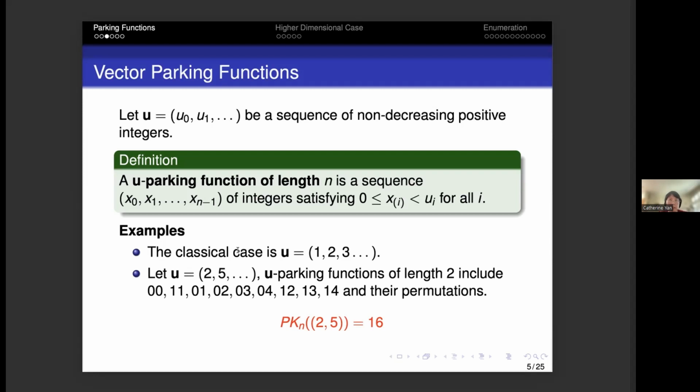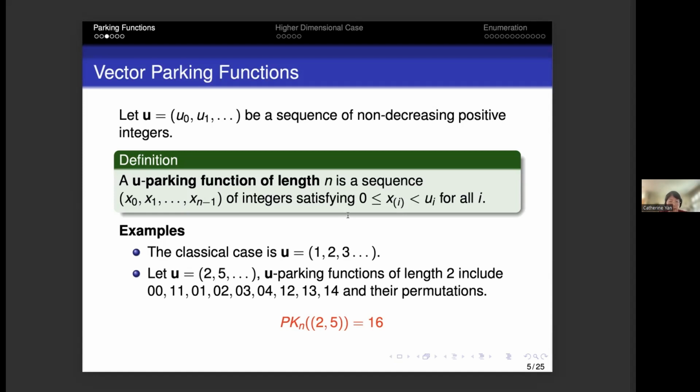If one wants to define a U parking function of length n, then you only need n terms from U. So a U parking function is a sequence of non-negative integers so that the ith order statistic lies between 0 and strictly less than U_i.